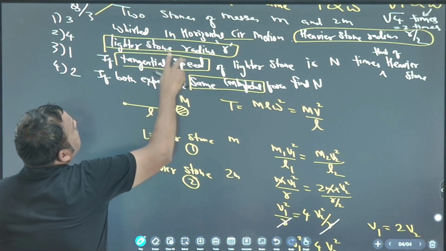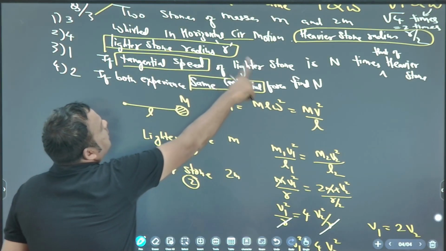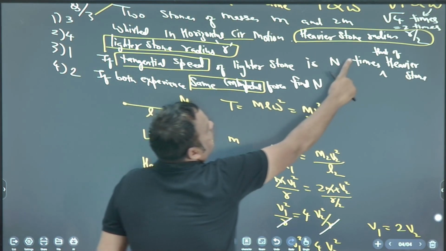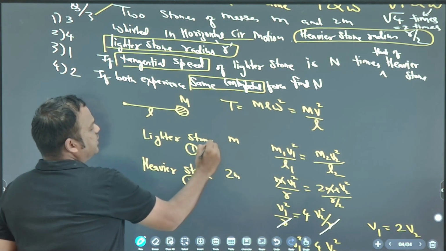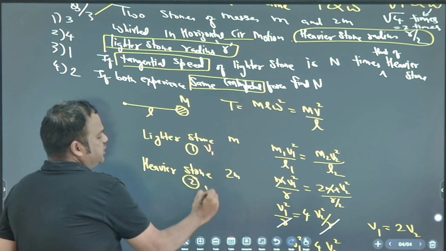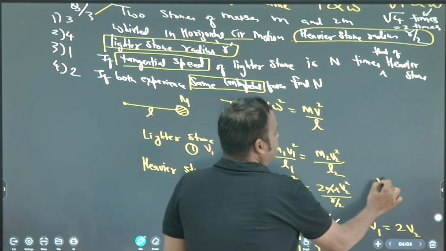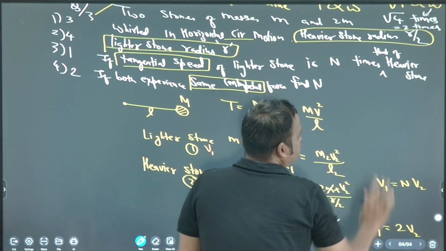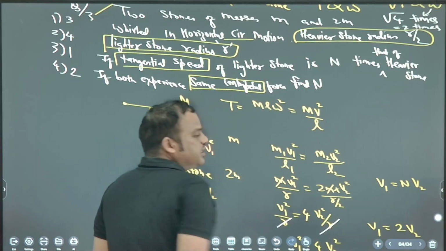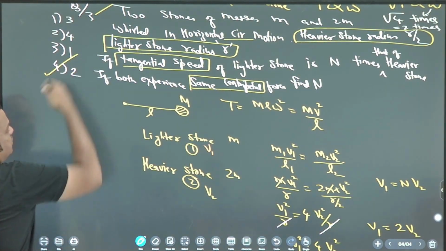Now they are saying tangential speed of lighter stone is n times heavier. What is the tangential speed of lighter stone? v1. And tangential speed of heavier stone? v2. So tangential speed of lighter stone is n times tangential speed of heavier. So what is n? Tell me. 2. n is equal to 2. So fourth option.